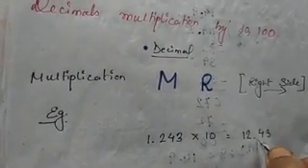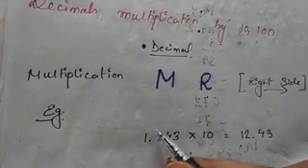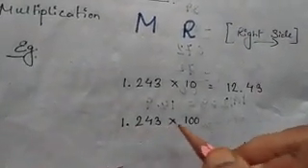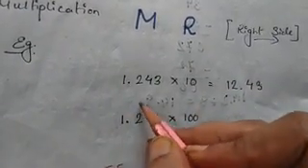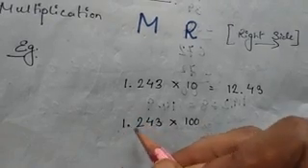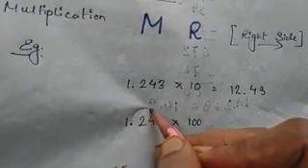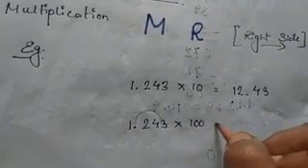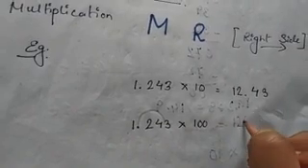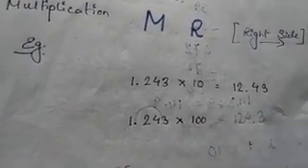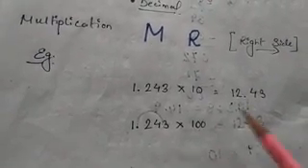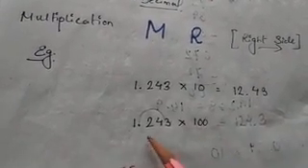Now 1.243 into 100. Have to move 2 places. We have to move the decimal point 2 places to the right. So the number will be 124.3. As there are 2 zeros, we have to move the decimal point 2 places to the right.